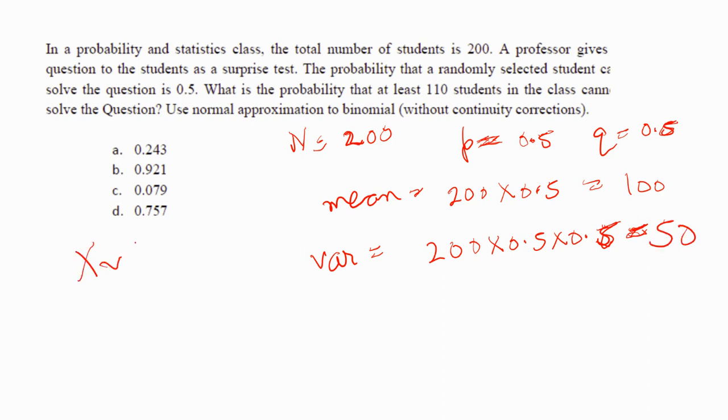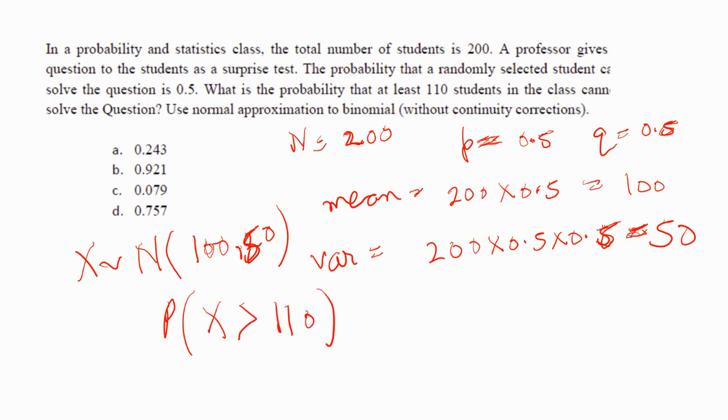So now x follows a normal distribution with mean 100 and variance 50. And we want to find the probability that x is greater than 110. Again, we will do x minus mu by sigma, so it will be z. 110 minus 100 will be 10 divided by root 50.